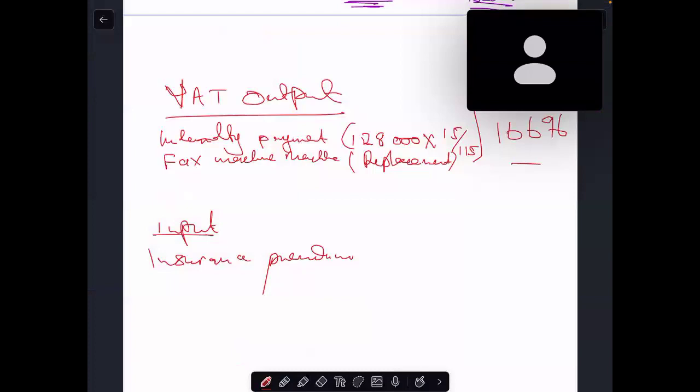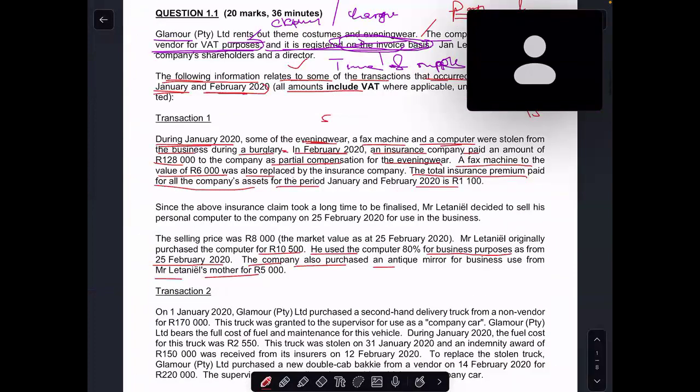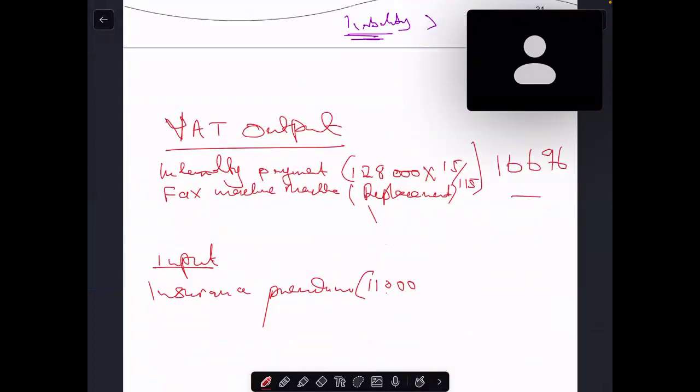So in our case, we are going to claim input VAT. Why? Because we're dealing with a registered VAT vendor, and our registered VAT vendor is making taxable supplies. Because how much? 1,100. So we're going to say 1,100 times 15 over 115.